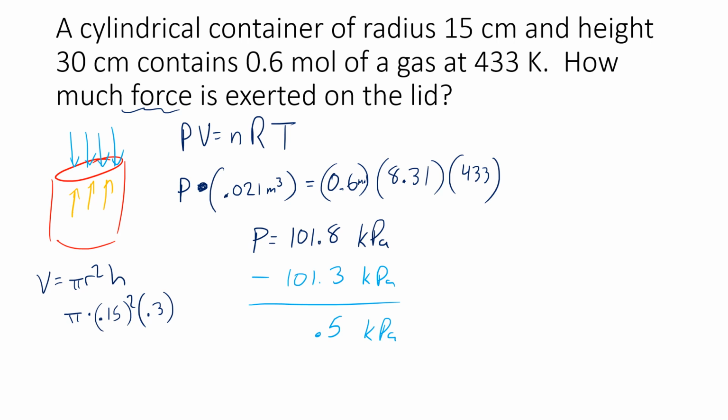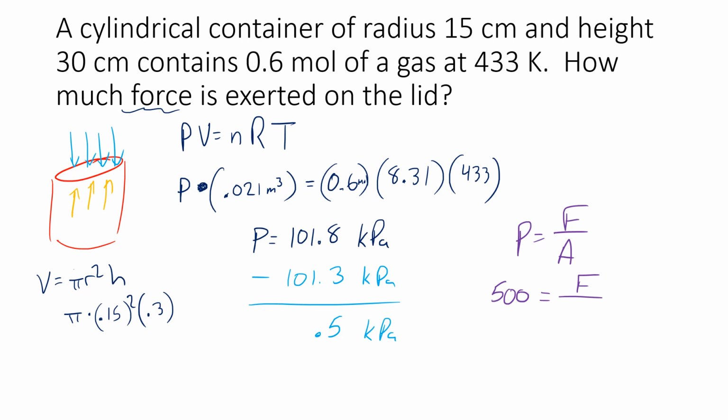Now to figure out how much net force there is on this thing, we're going to use the definition of pressure. Remember, pressure is equal to force over area. We know what pressure it is. It's going to be 500 pascals. That's going to equal some newtons divided by area. Well, what's the area?